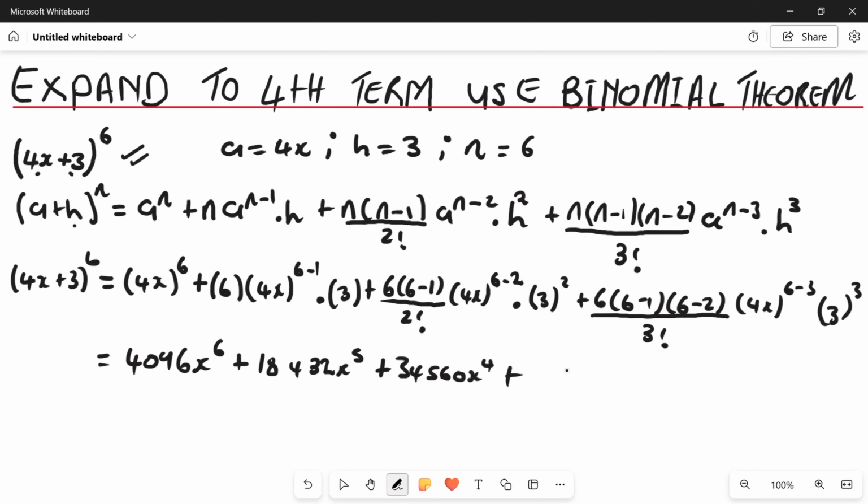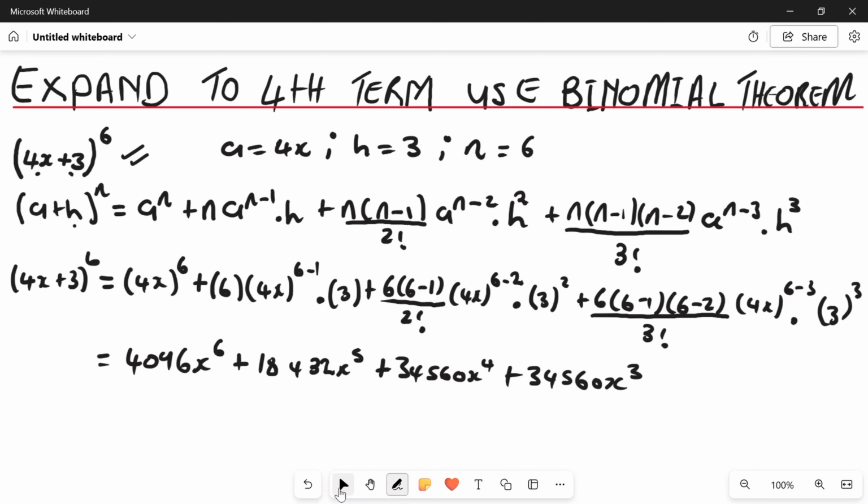Now our last term, we have the following here. We have 6 multiplied by 6 minus 1 multiplied by 6 minus 2 divided by 3 factorial multiplied by 4x to the power of 6 minus 3 multiplied by 3 to the power of 3. Now this one also is going to give us 34560x to the power of 3.